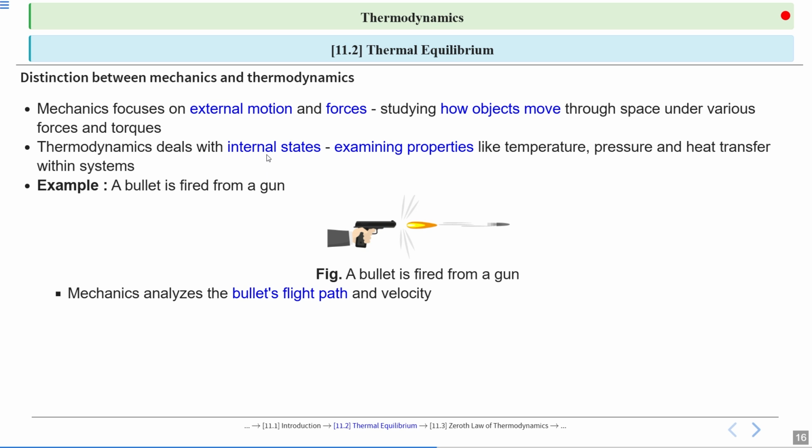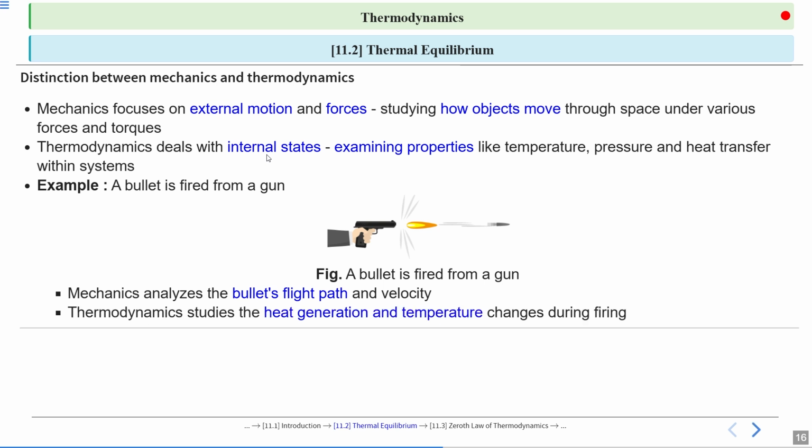Yes or no? But what about thermodynamics? In thermodynamics, we study the heat generation and temperature changes during firing. So both are different processes. In mechanics, we analyze the bullet's flight path, but in thermodynamics, we study heat generation and temperature. All right. So this is the distinction between mechanics and thermodynamics.